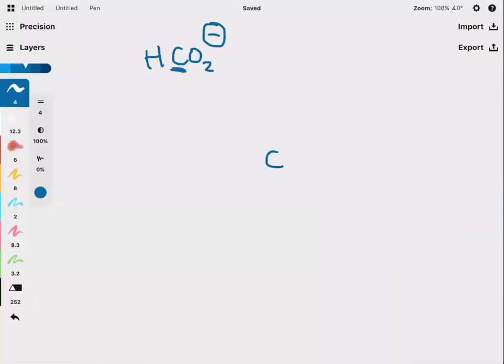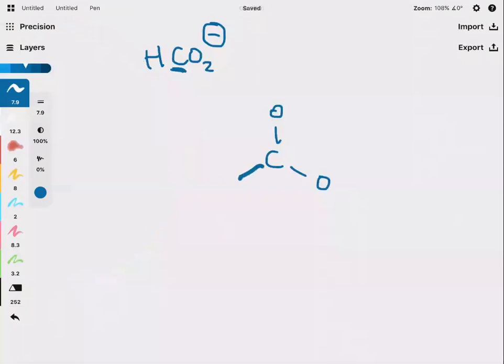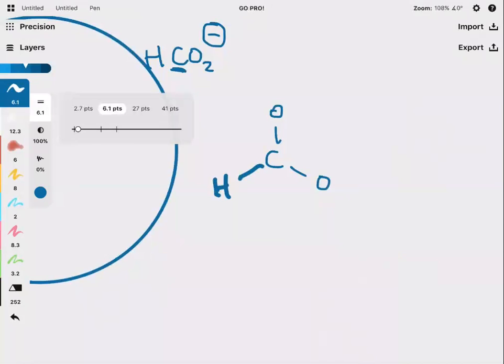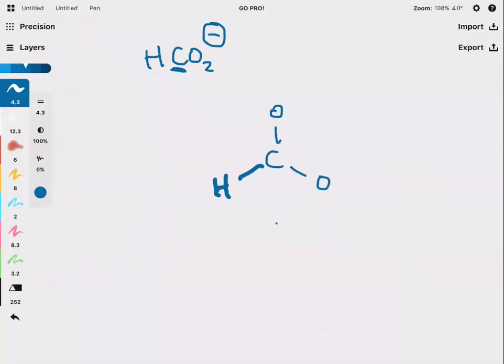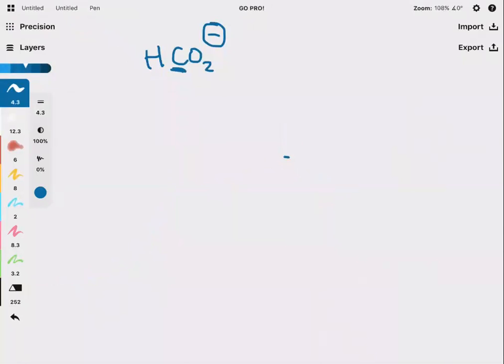So it might look something like this. But that looks a little strange if you ask me. So it might look something like this. But as we said, that looks a little weird.